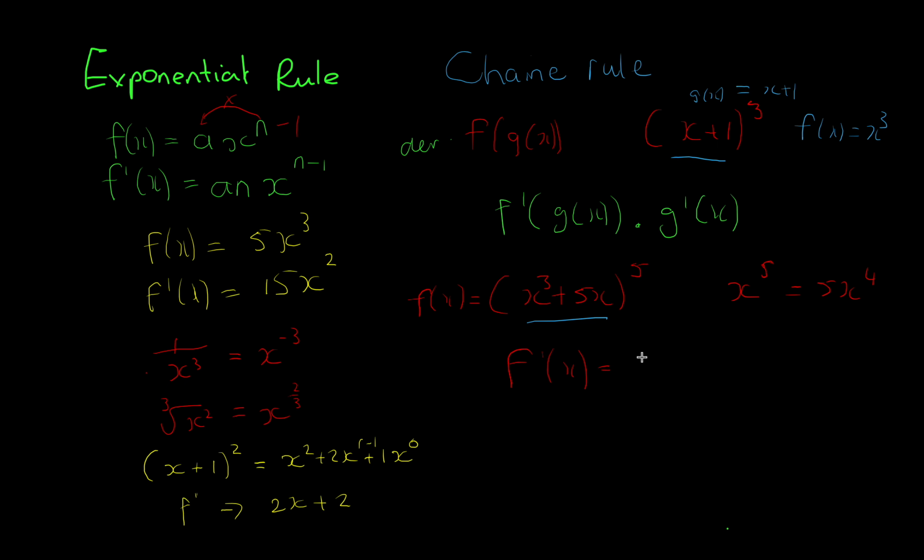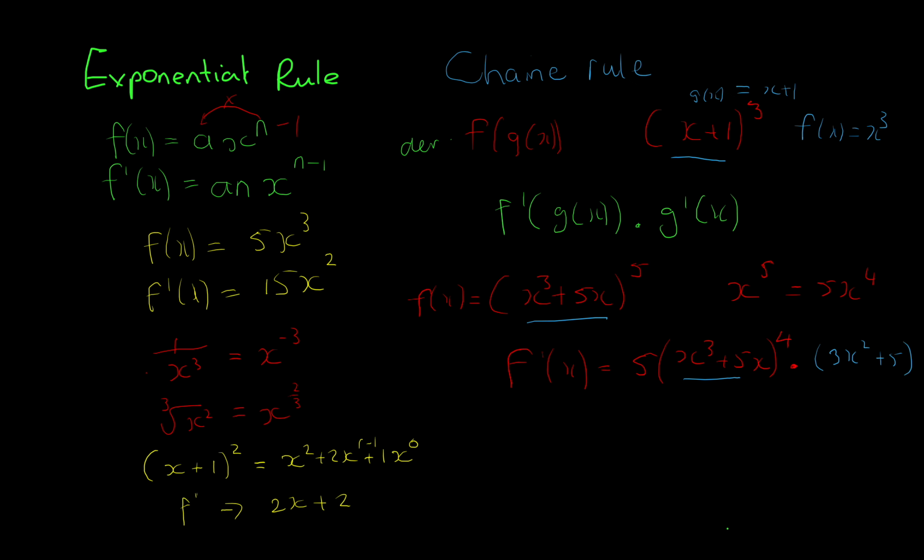So we do the same thing here: 5, the middle part stays the same, and now we have the power of 4. The chain rule says you also have to multiply this by the derivative of the inner function, which would be 3x squared plus 5. And that is the chain rule.